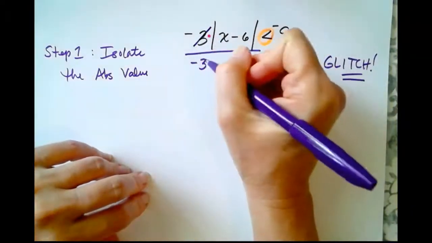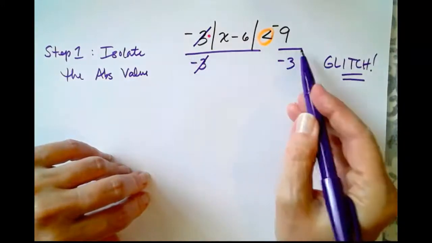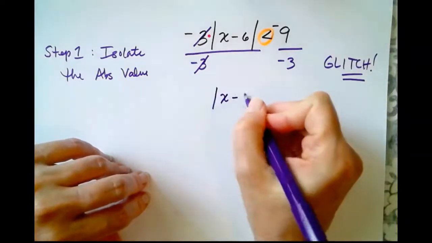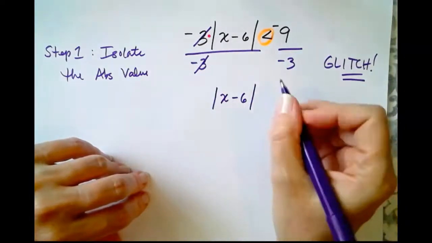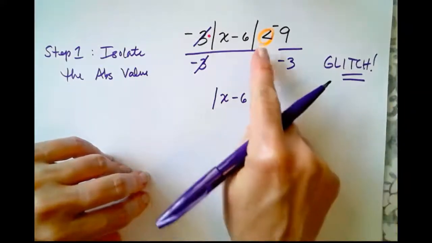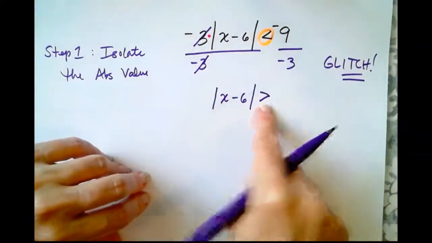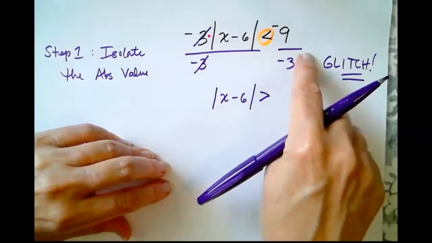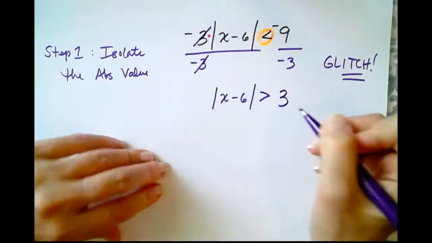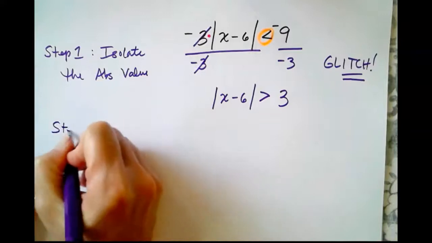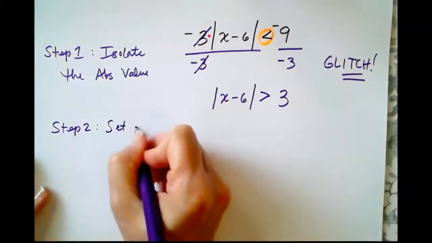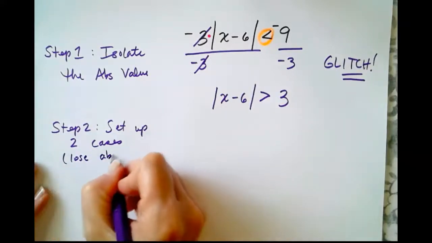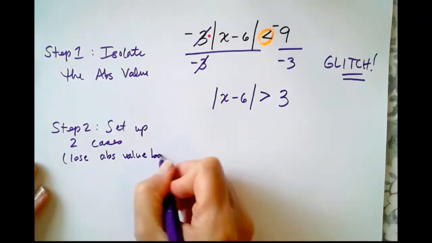So the -3's cancel, and please remember to use a fraction bar to show your division. So this allows us to isolate our absolute value bars. Greater than was less than, flipping to greater than because of the glitch. And we divide by negative. -9 divided by -3 is 3. So there's step 1.